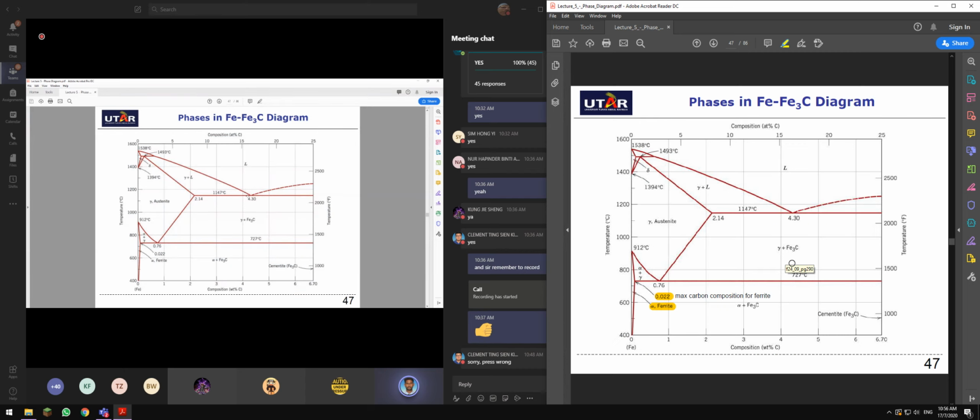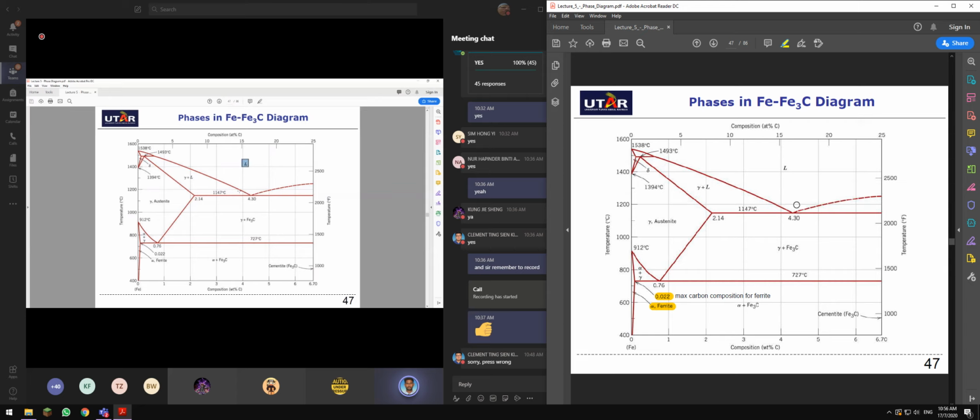If your carbon content is, let's say, 4, when you reach the temperature of 1147, it melts to liquid and austenite first, not pure liquid. After you increase the temperature to roughly 1200 something, then only it changes to fully liquid.